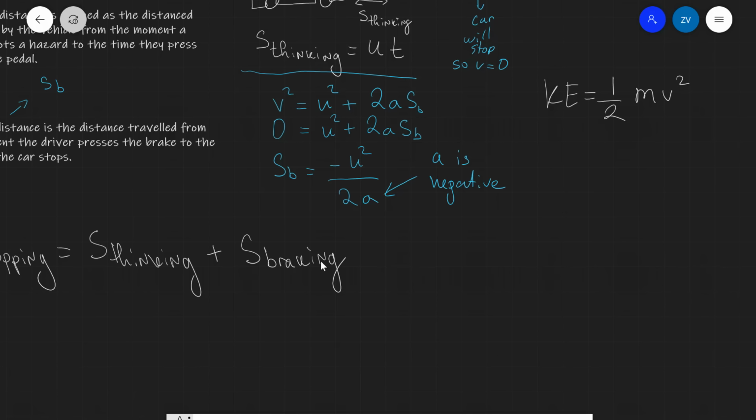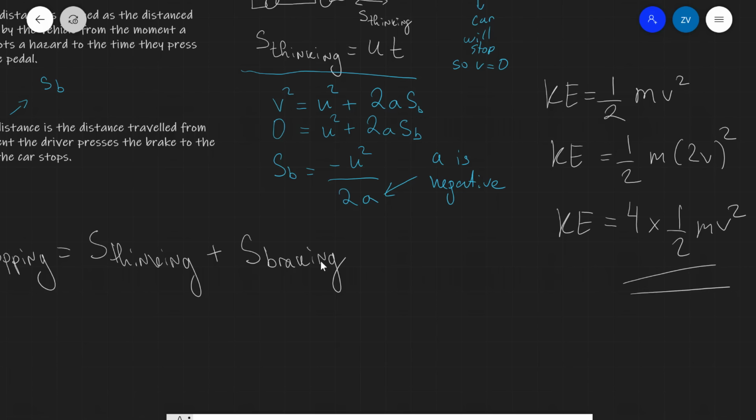So if my velocity increases by a factor of 2, so this becomes (2v) squared, then my kinetic energy will actually be 4 times that amount, because 2 squared is 4, so this will equal 4 times a half mv squared. So if we double our speed, we're actually quadrupling the kinetic energy.